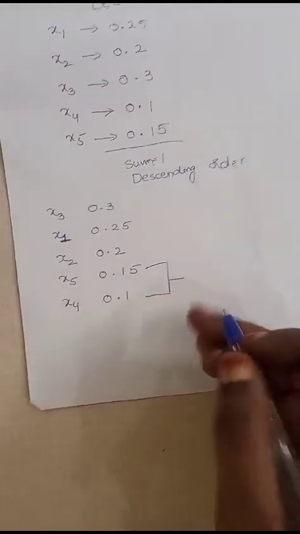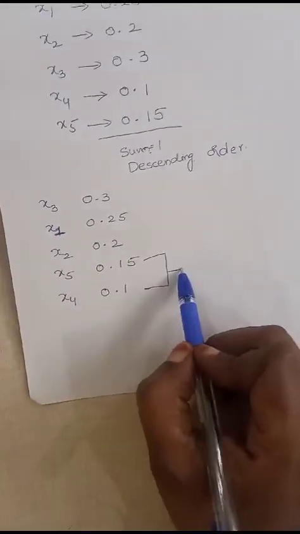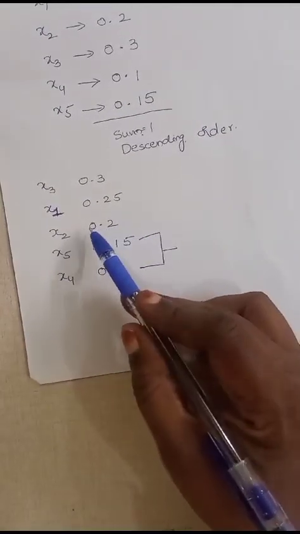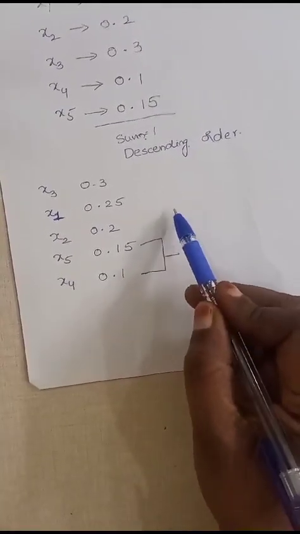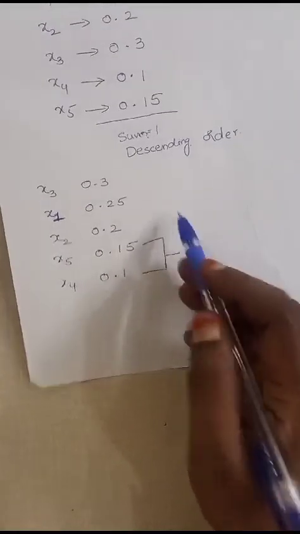So in the next stage, the probability 0.25 that we have got here is greater than this 0.2, so we have to write this probability below the other 0.25, because both are the same.